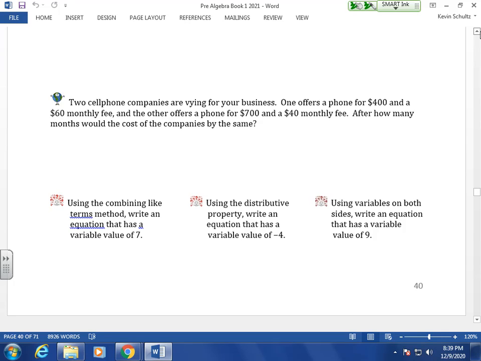So, this $60 monthly fee, okay, that's a recurring thing. You only buy one phone, right? So the $400 phone, that's your constant. This monthly fee, $60 per month plus $400.